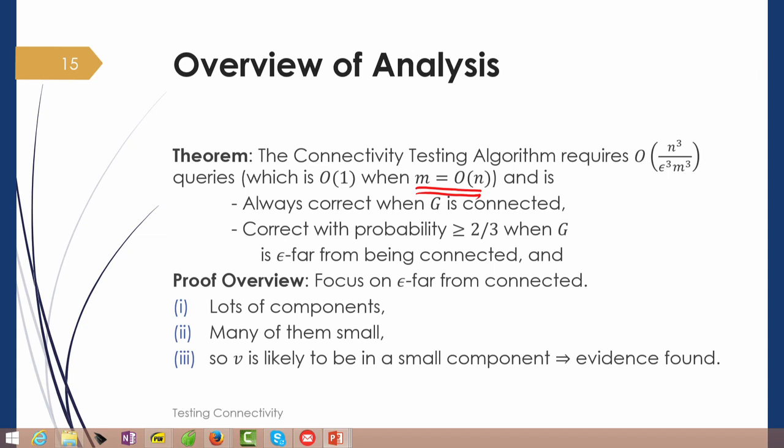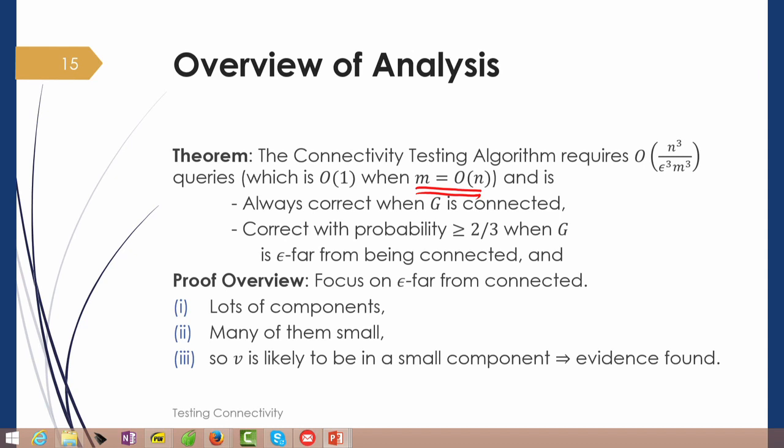Now, with that many queries, we need to show that our algorithm is always correct when G is connected, and it is correct with probability at least 2/3 when the graph G is epsilon far from being connected. This is the theorem that we are going to prove, and the overview of the proof is as follows.